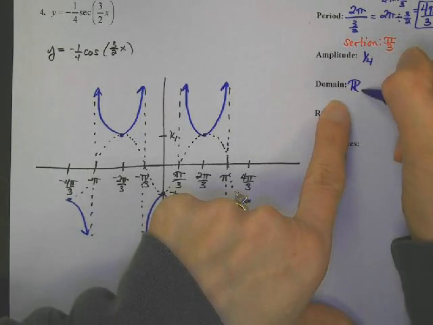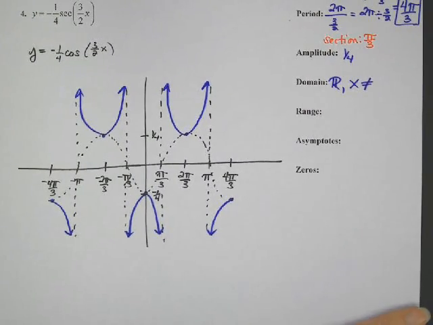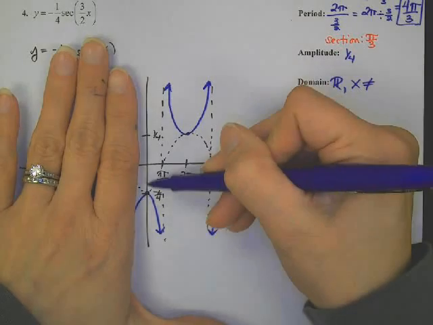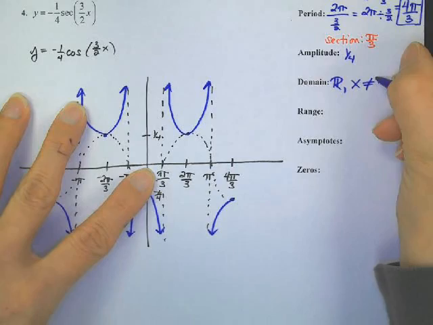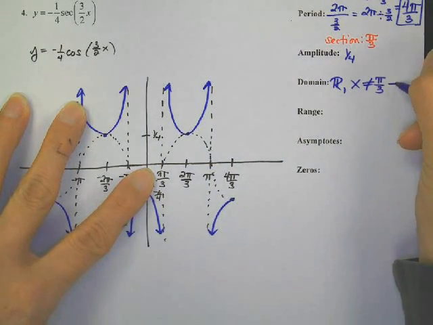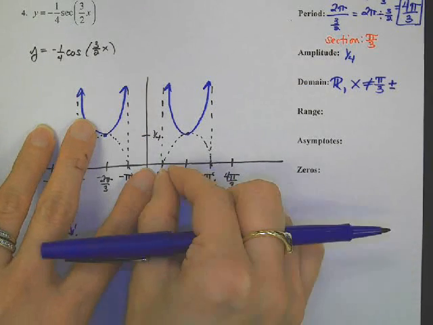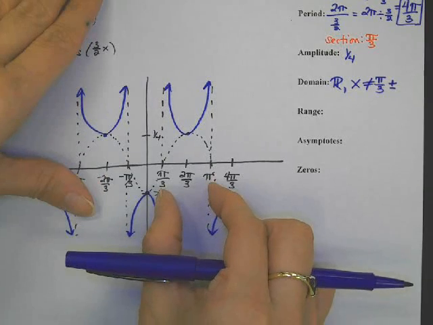The domain is all reals except x cannot equal. Where's the first place there's a break in the graph? There's touching 0. The first break in the graph is at pi over 3, pi over 3, plus or minus. The space to the next asymptote, the next break, is 2 sections worth.